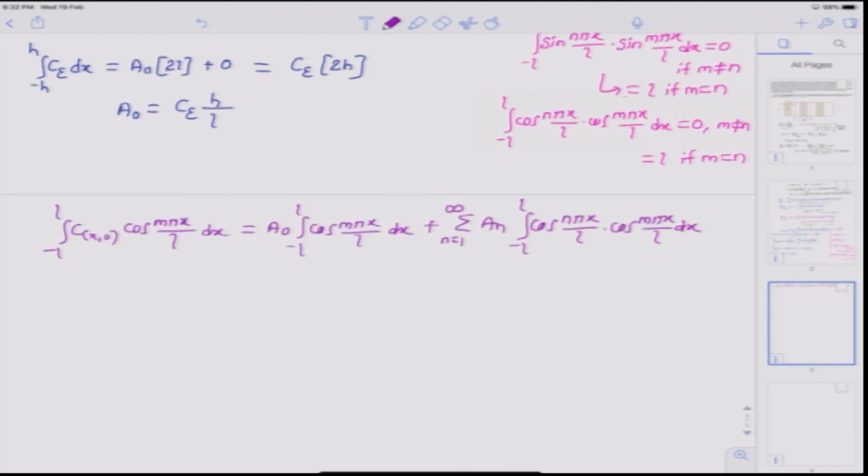Now, straight away the first integral on the right hand side is 0.